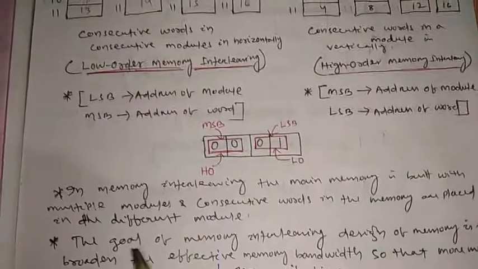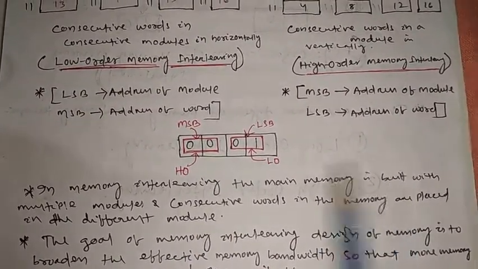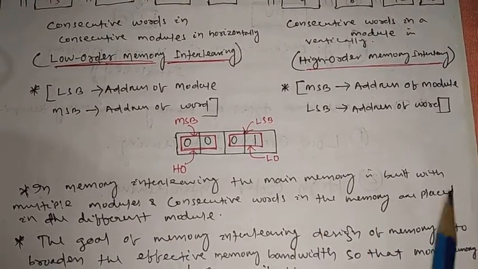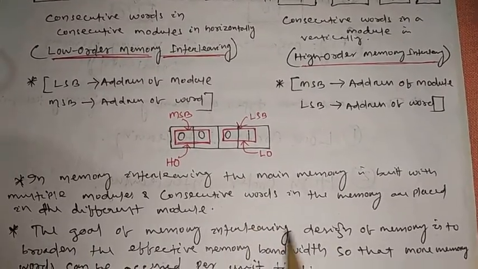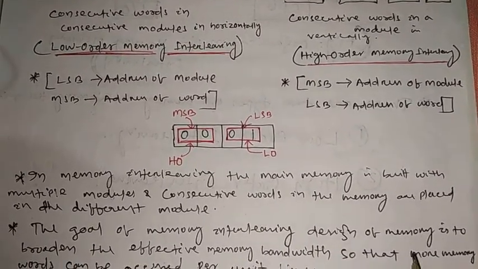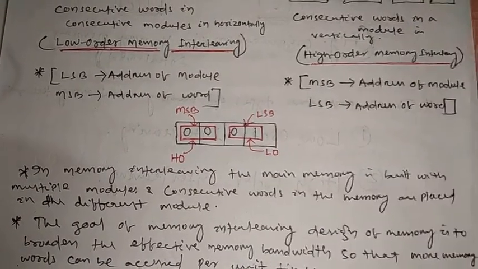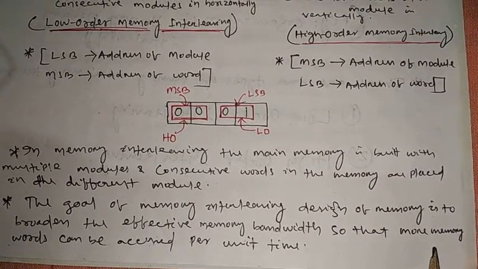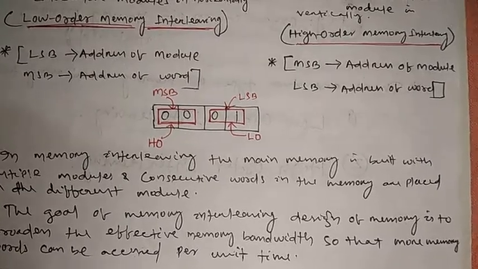Get it? So in memory interleaving, the main memory is built with multiple modules, and consecutive words in the memory are placed in different modules. The goal of memory interleaving is to broaden the effective memory bandwidth so that more memory words can be accessed per unit time.